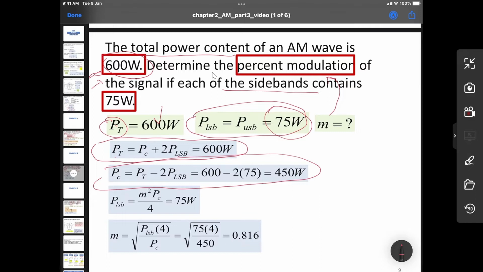Or you can also use PUSB is equal to m squared over 4 PC. But you just have PT, so in this case you only have one equation. What is the PC?